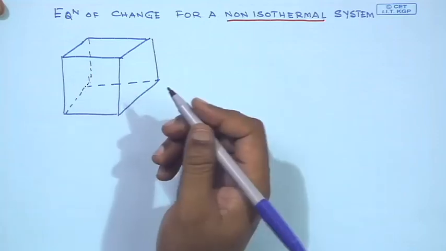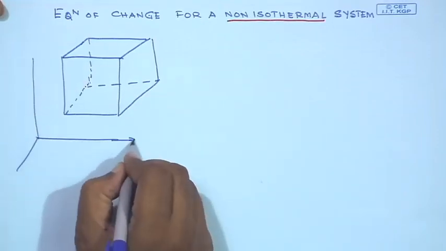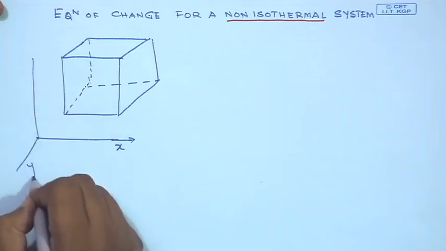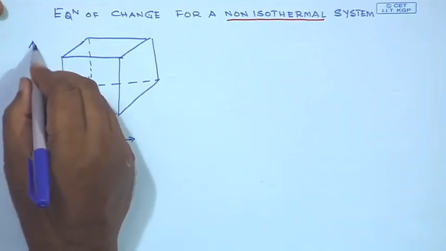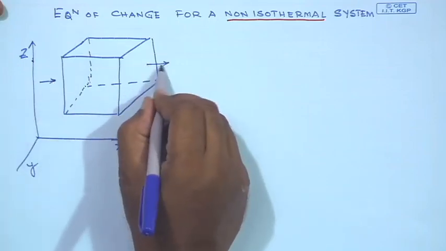as I said before. So, this is stationary with respect to x, y, and z, and fluid is allowed to come in and go out.